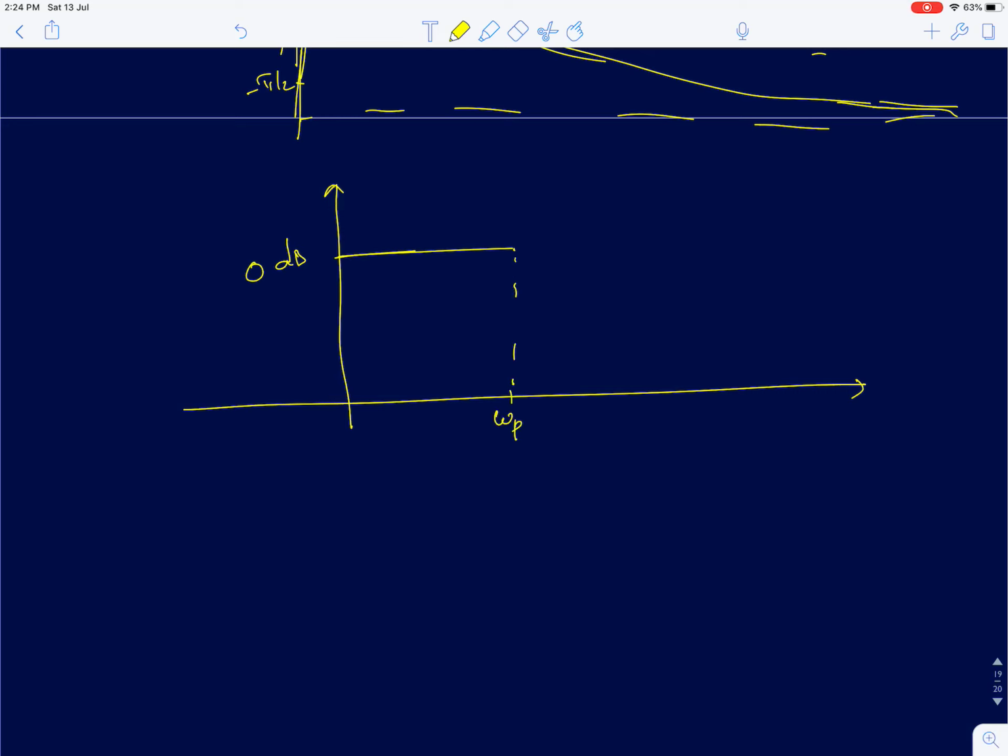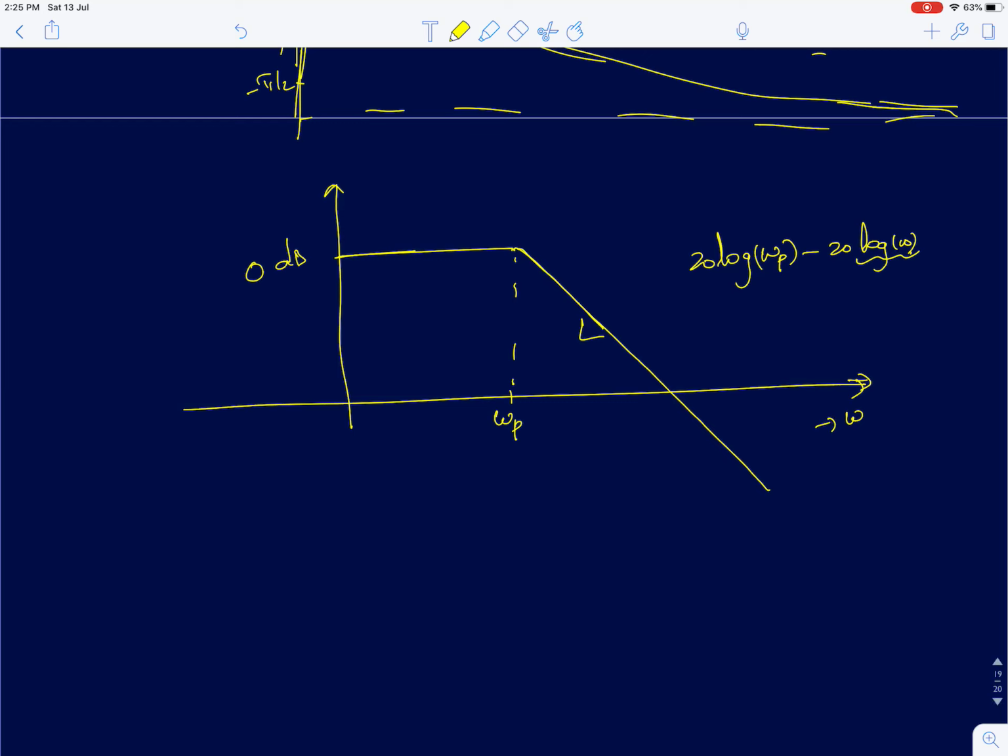from omega equal to omega p onwards, it will start rolling down in a single pole system. Now the slope of this line, if you look at it, the equation was 20 log omega p minus 20 log of omega. Since it is a logarithmic axis, I'm going to plot it as log omega, but omega will be shown on a logarithmic axis.